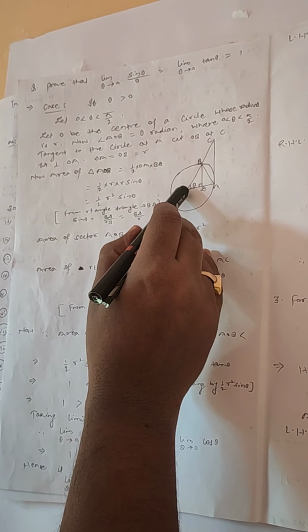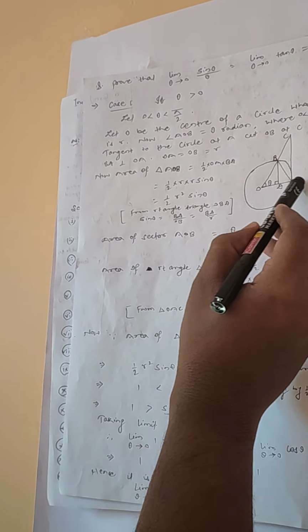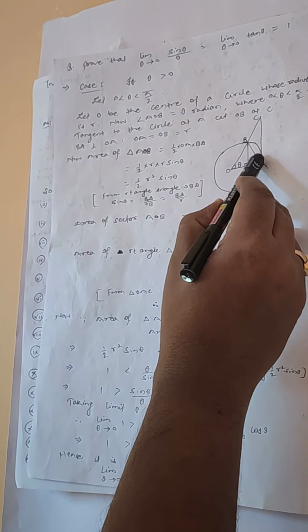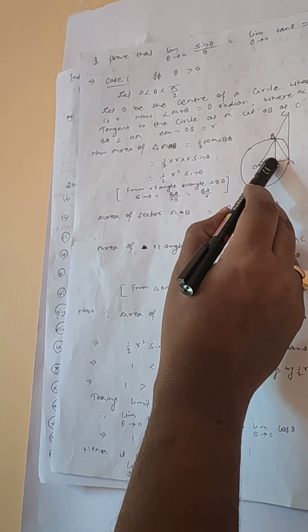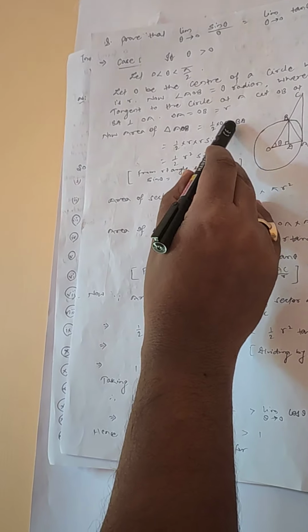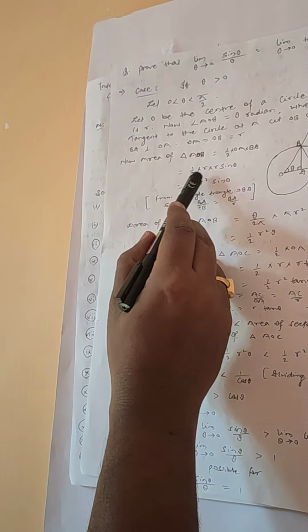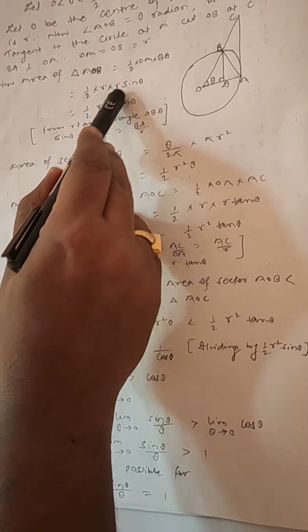Here OA equals OB, the radius. Now area of triangle AOB equals half base OA times height BD, which is 1/2 R into R sin theta, because BD is R sin theta.